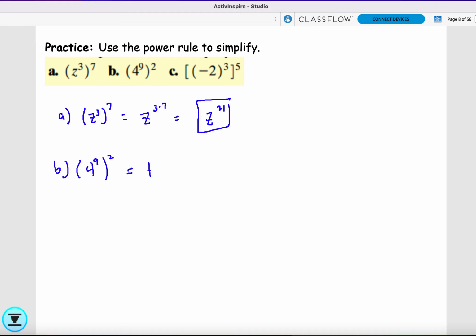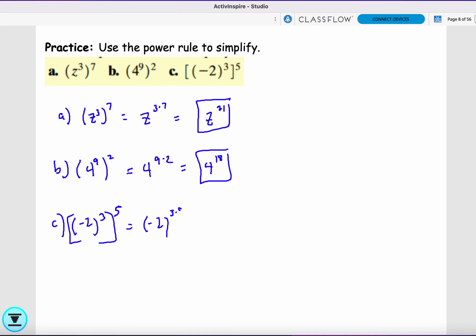The base is 4, but we multiply 9 and 2, so we get 4 to the 18th power. C, we get negative 2 cubed to the 5th power. The base stays negative 2, but we multiply the two exponents, 3 times 5. So we get negative 2 to the 15th power, and we're done.